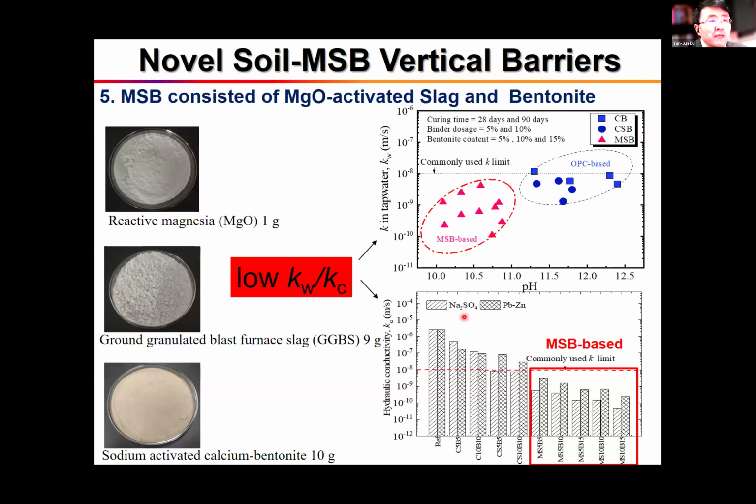When we permeate the sodium sulfate or the lead and zinc mixed contaminant solution, we find for the OPC-based material, the hydraulic conductivity is higher than 10 to the minus 8 meters per second at the curing time of 28 days. However, for our MSB-based backfill, the K is lower than this threshold value.